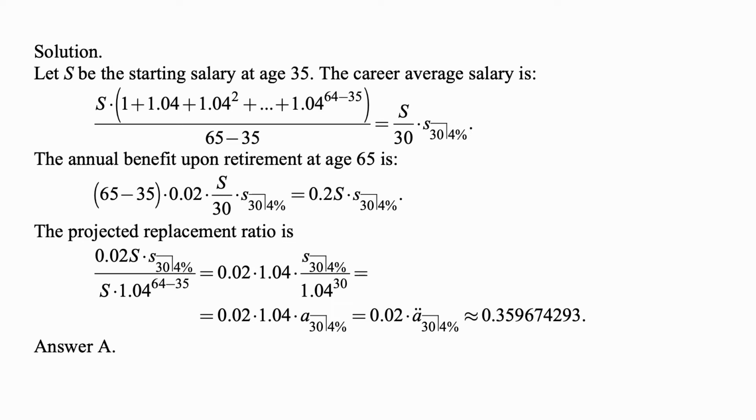But if you multiply a angle 30 at 4% by 1.04, you get a double dot angle 30 at 4%. So the answer is 0.02 times a double dot angle 30 at 4%, which is approximately 0.359674293, and that's answer A.